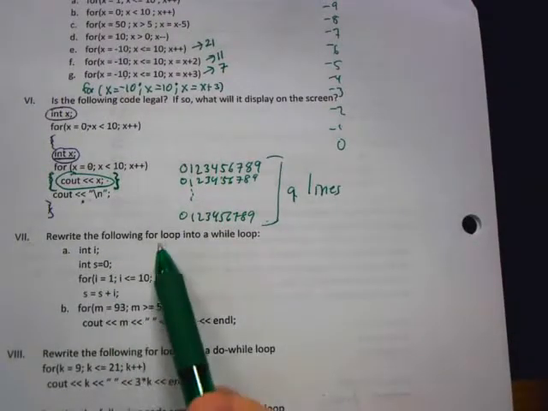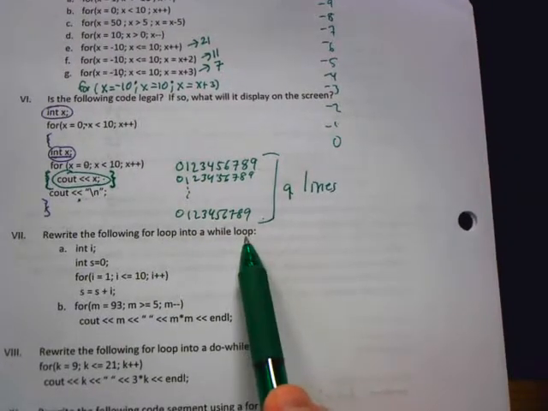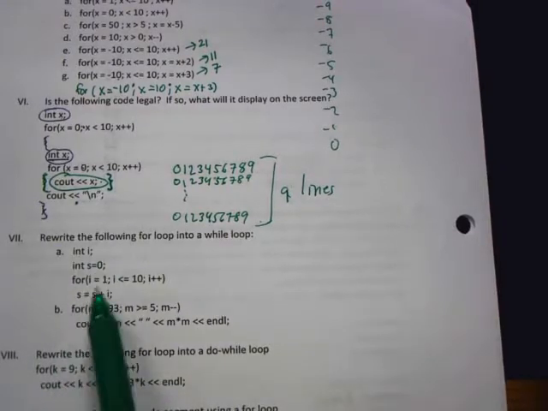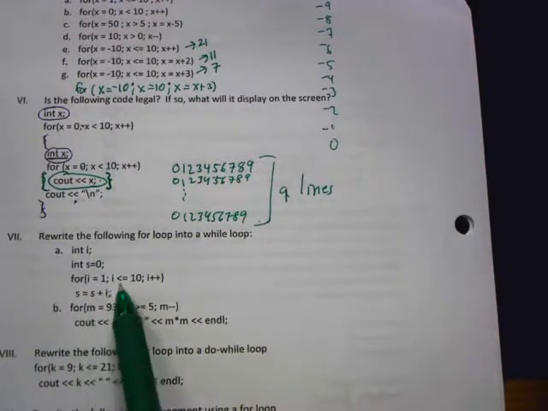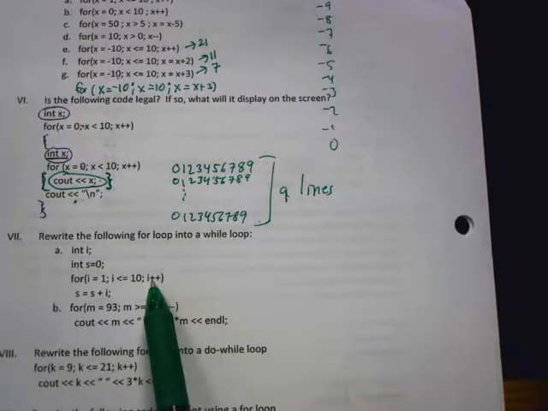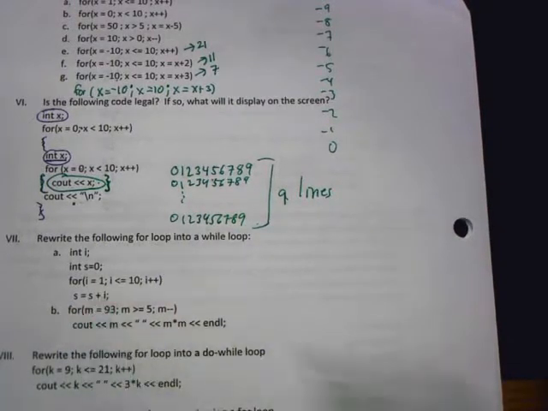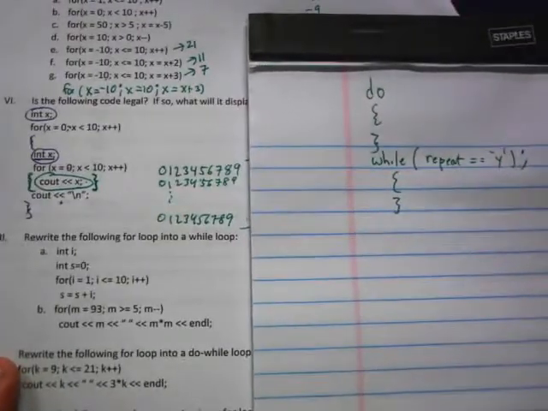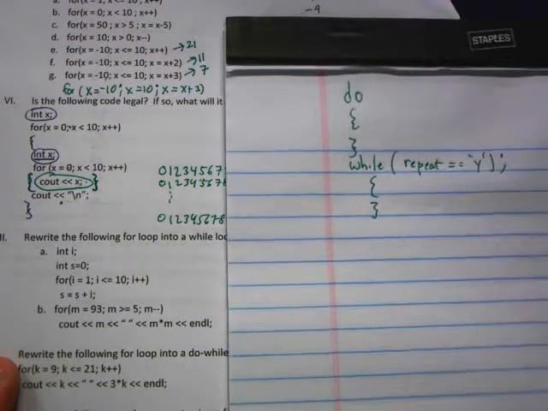All right, how about this one? Rewrite the following for loop into a while loop. So we have int s equals 0, for i equals 1, i less than or equal to 10, i plus plus, s equals s plus i. So how would we take that same code and write it as a while loop?